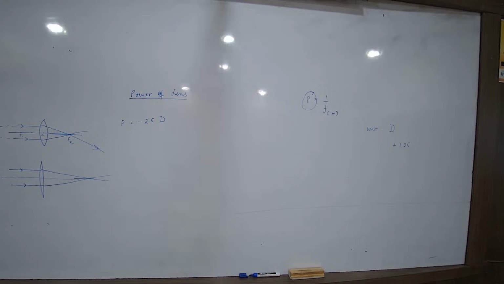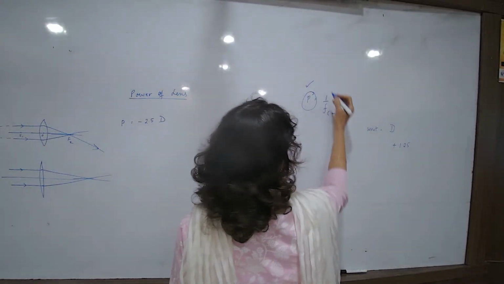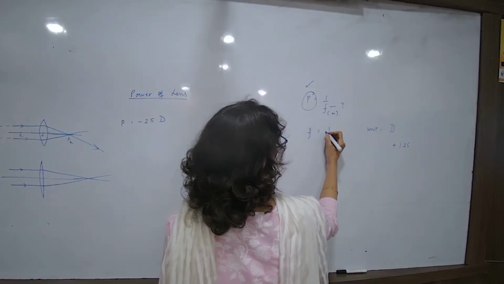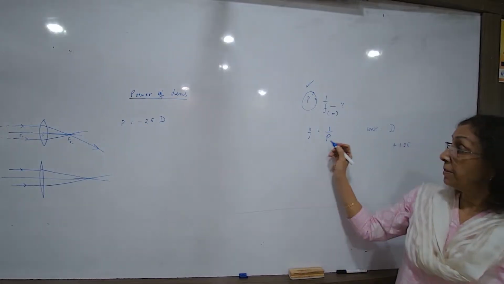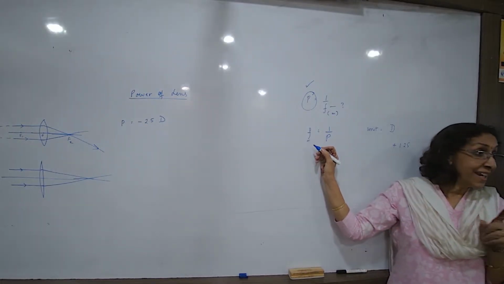Suppose I know the power, can I calculate the F? Obviously, you just have to change this formula. So if P is given, can I find out F? Definitely yes. So what will be F? It is equal to 1 upon P. But remember, F will come in meters.